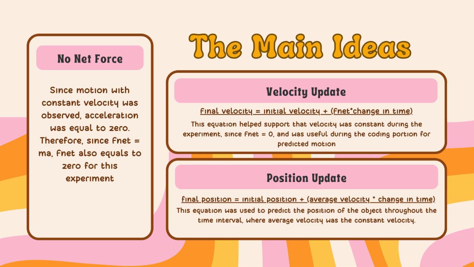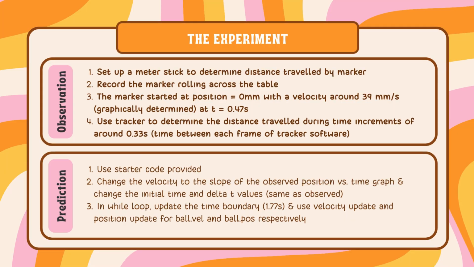And then also the position update was used in the code, and this helped us update the predicted position of the marker throughout each time increment. And average velocity equaled final velocity, which also equals initial velocity since it's constant.